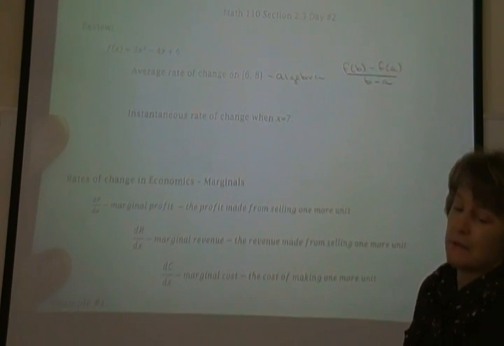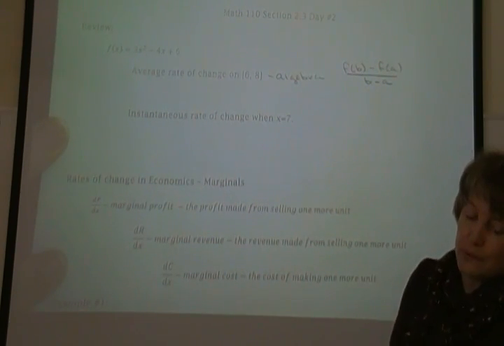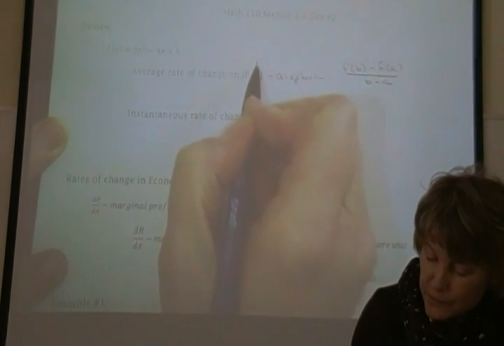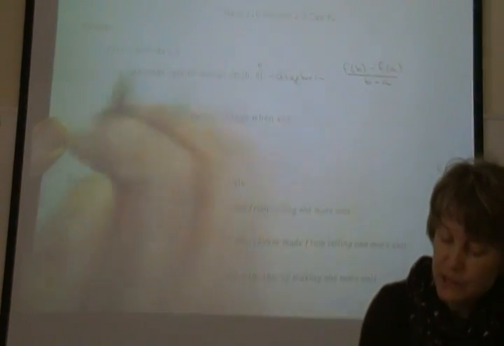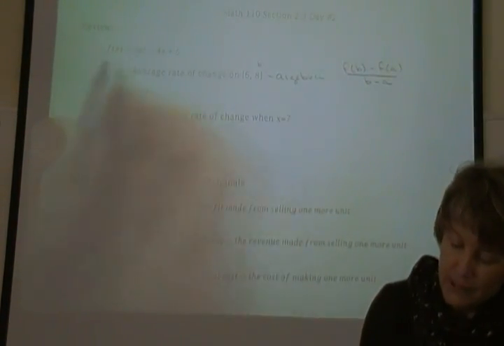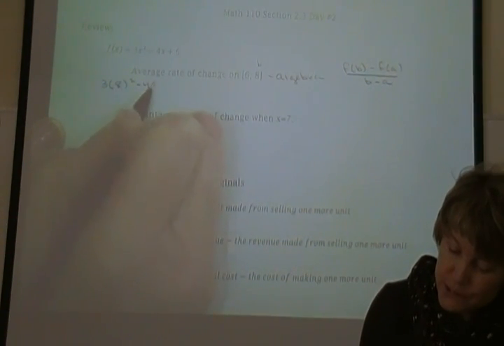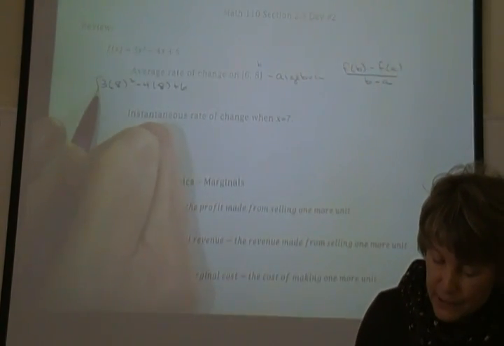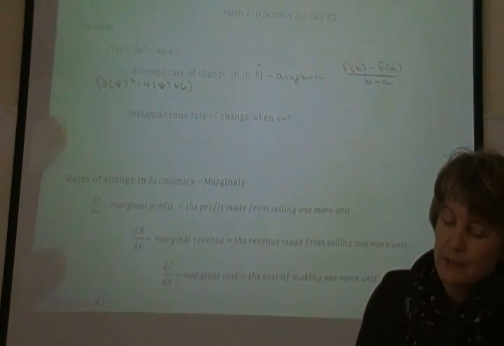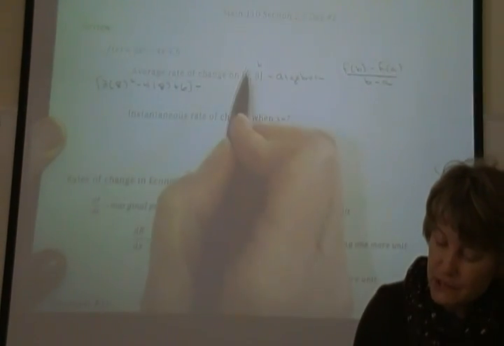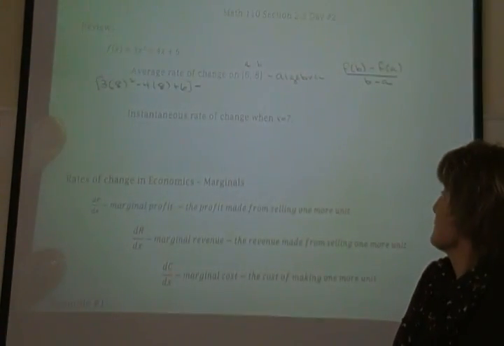It's a slope. So what you would want to do is take your b value, which is 8, and plug it into your function. So it'd be 3 times 8 squared minus 4 times 8 plus 6. That's f of b. Then you're going to plug a into your function, which is 6.